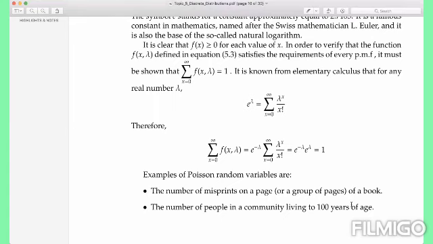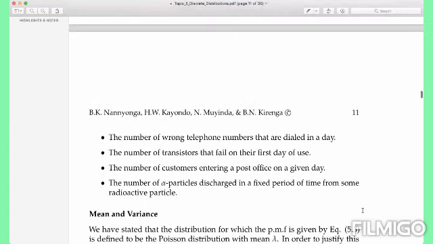This could be 0, 1, 2, and so on. And then the number of wrong telephone numbers dialed in a day, and many other examples. Maybe also the number of customers entering a post office or a counter. Those are normally some of the problems which can be modeled as a Poisson, and you can't exhaust them.